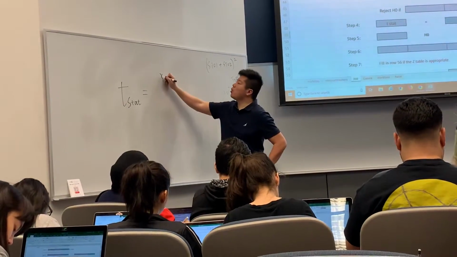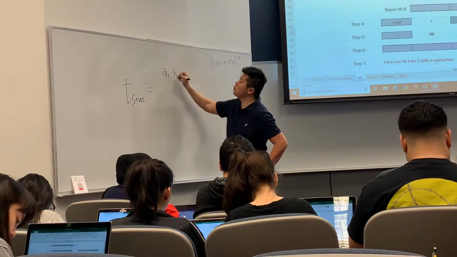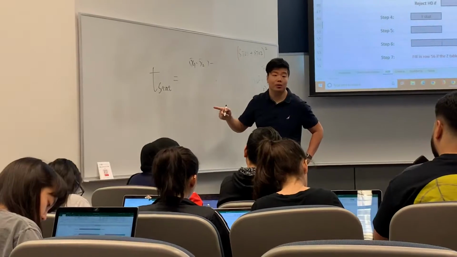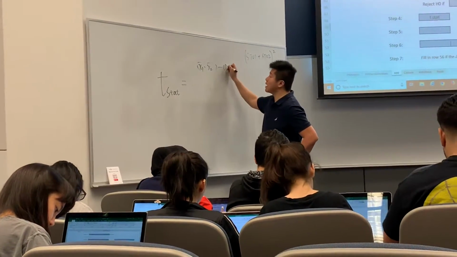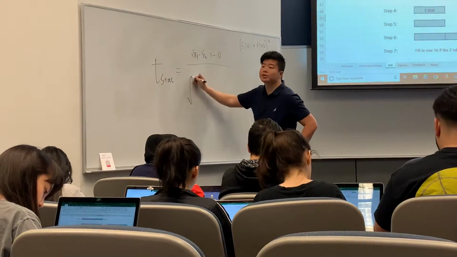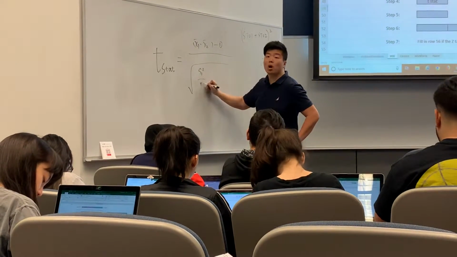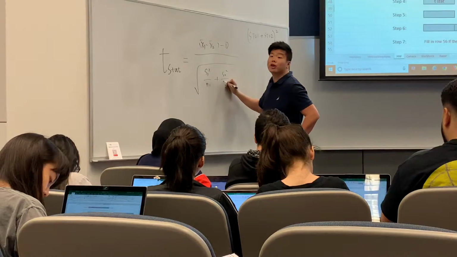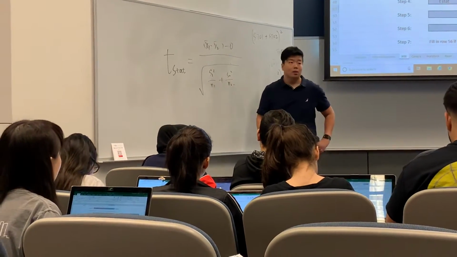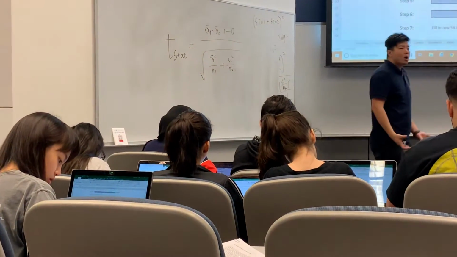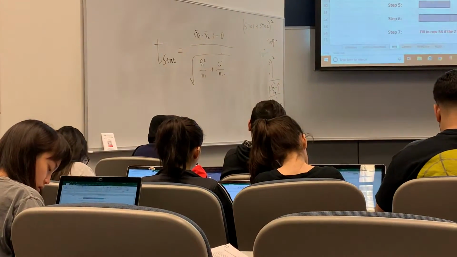X bar 1 minus X bar 2 minus hypothesis value, which is 0 in this case, over the big square root of S1 squared over N1 plus S2 squared over N2. All right, so in this case, what is my 1 and what is my 2?